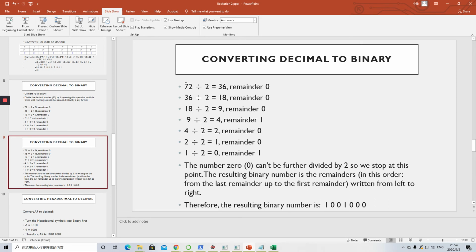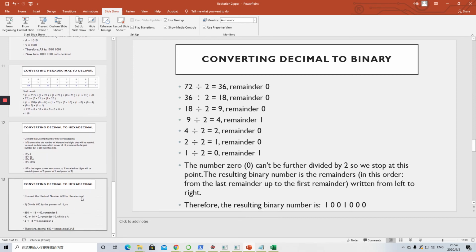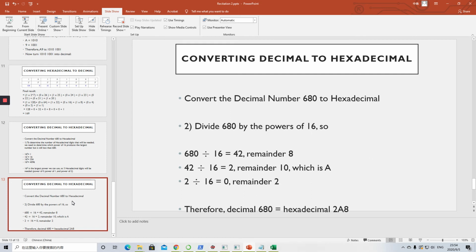We divide this number by 2 because we want the binary number, and collect the remainder. Same logic for converting decimal to hex. We also need to use the division, and we also collect the remainder.